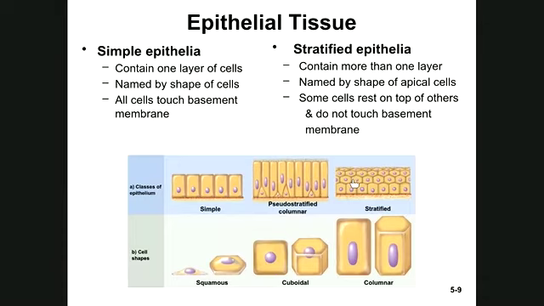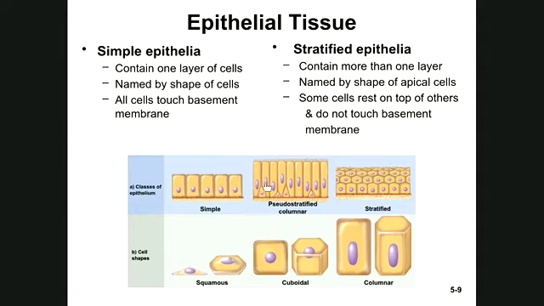But between simple and stratified, you can see pseudostratified epithelium. It appears layered or stratified because the cells' nuclei are distributed at different levels between the apical and basal surface. As you see here, some of the nuclei are located lower, some of the nuclei are located upper.